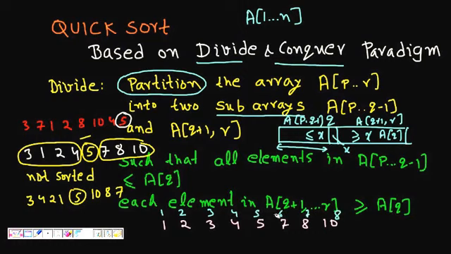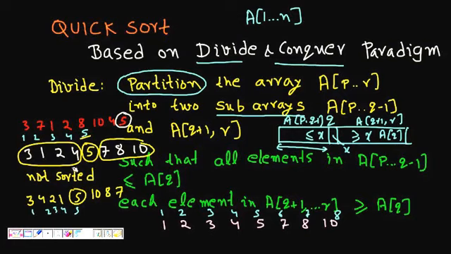Now try to find the index of the pivot element, which was 5, after partitioning and after sorting. After partitioning, in both cases the index is 5, and in the sorted array it is also 5.